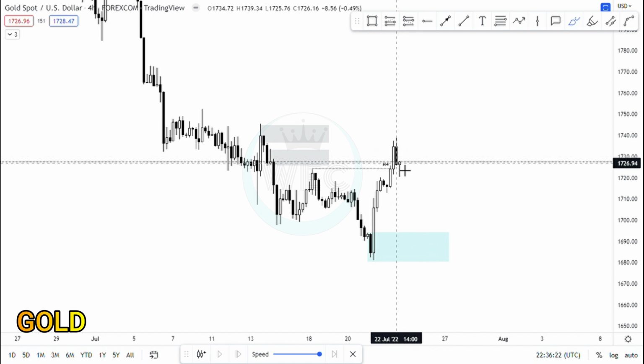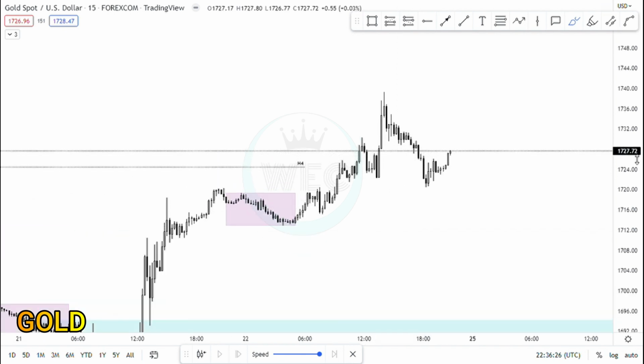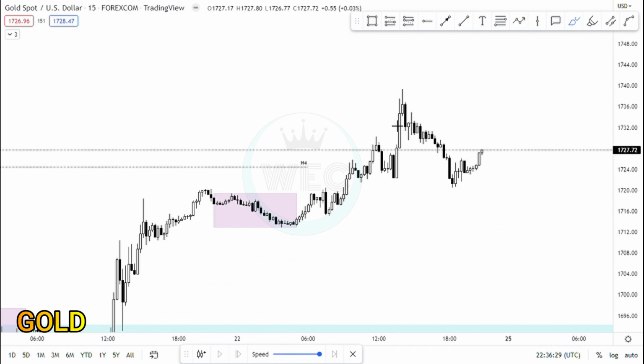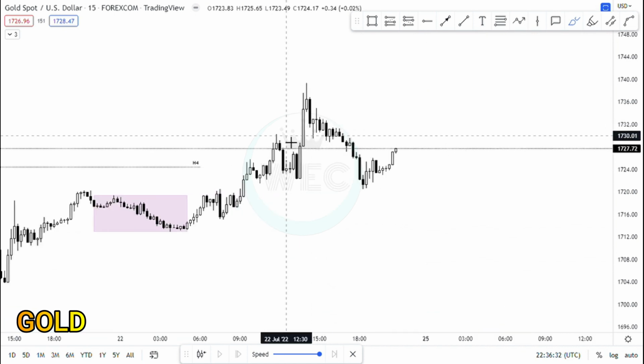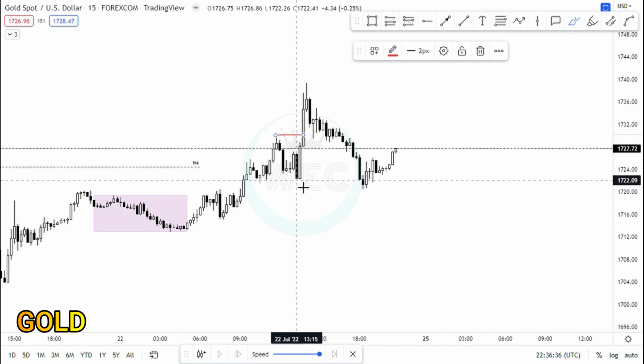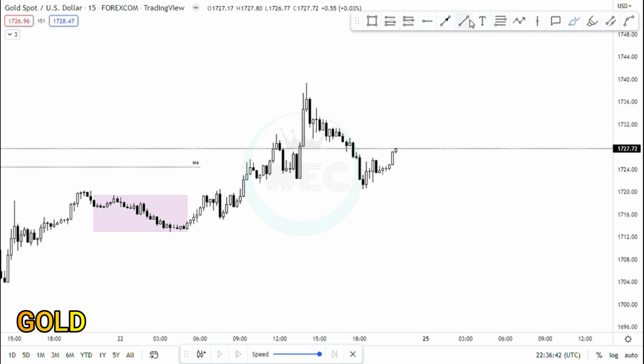So real quick, let us look at this intraday time frame and let's see what price is doing, right? Right here on 15-minute time frame, we can see that price made a break of structure, and we had the last point taken out. So 15-minute is bearish right now, so that is the change of intent, right? For me on gold, that's the change of intent.